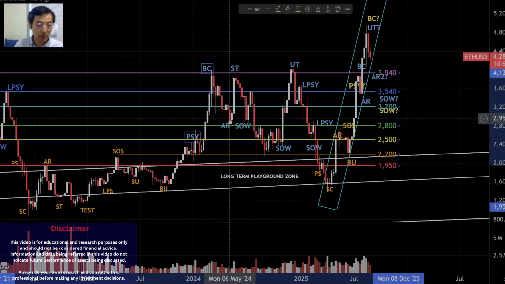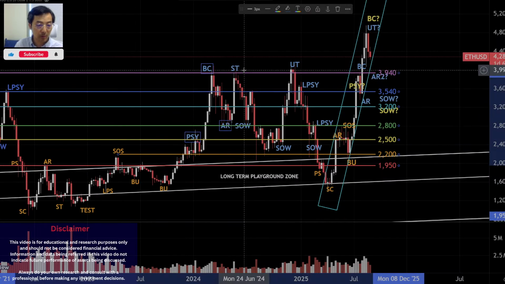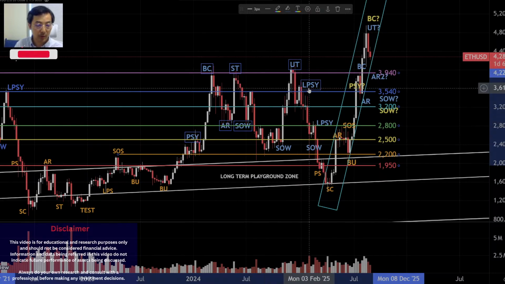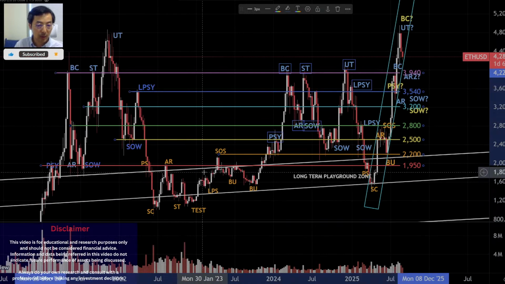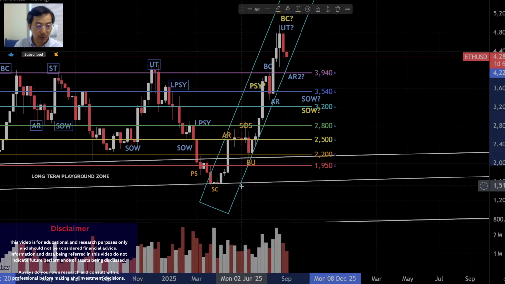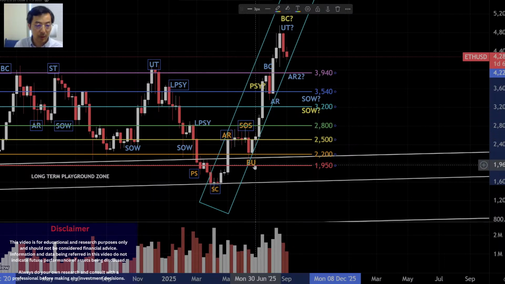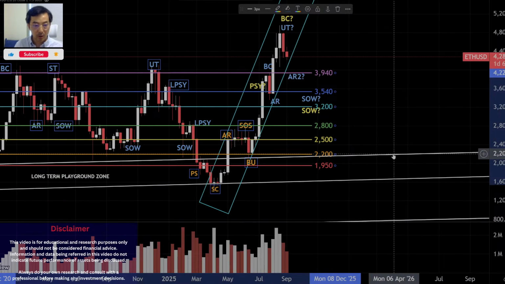Buying climax, preliminary supply, automatic reaction, second test, sign of weakness, upthrust, last point of supply, as well as the accumulation cycle. Preliminary supports, selling climax, automatic rally, sign of strength, backup. Okay, that's all we need.